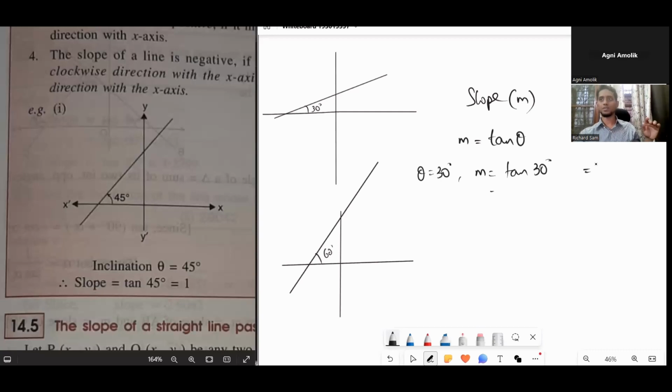We need to know tan's values. Tan 0 is 0. Tan 30 is 1 upon root 3. Tan 45 is 1. Tan 60 is root 3. Tan 90 is infinity. So if an angle is 90, the slope is infinity. So this is the formula to find the slope. Here m is equal to tan 30, so m is equal to 1 upon root 3.